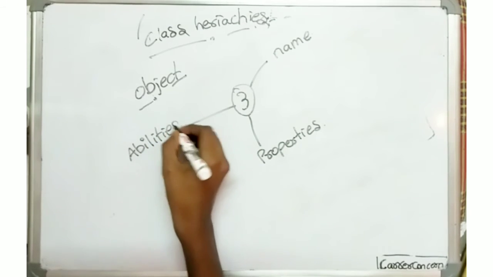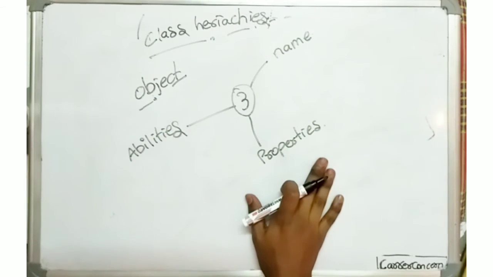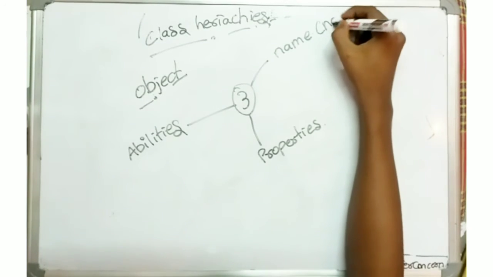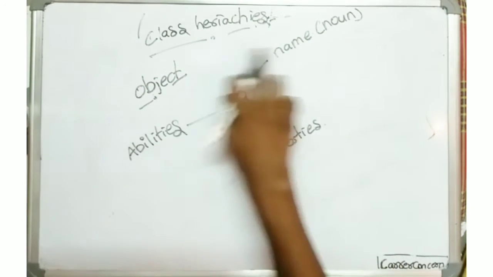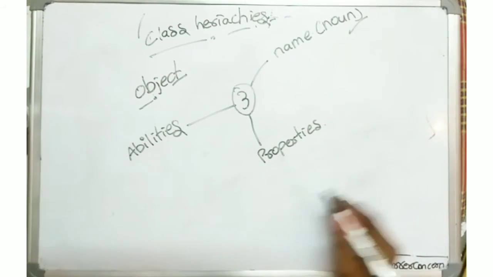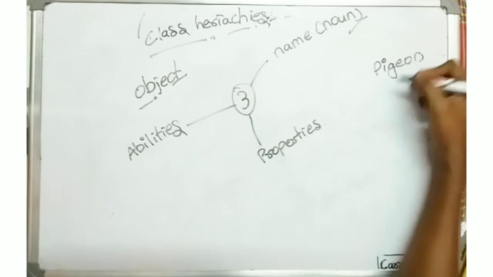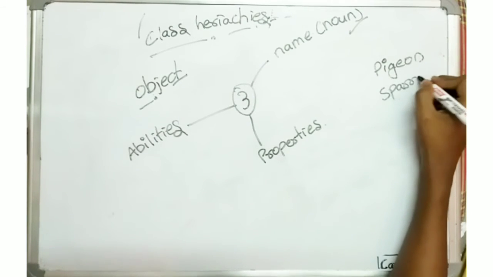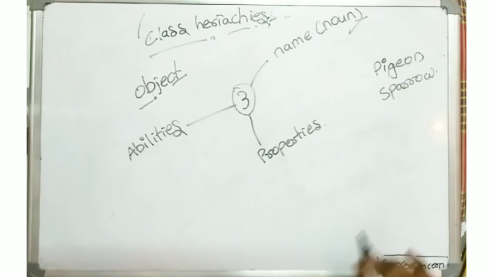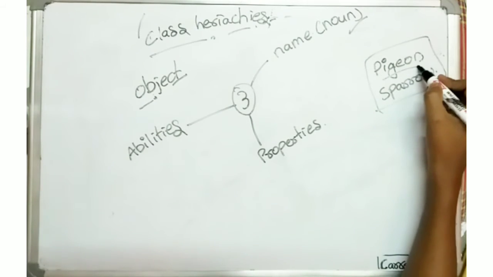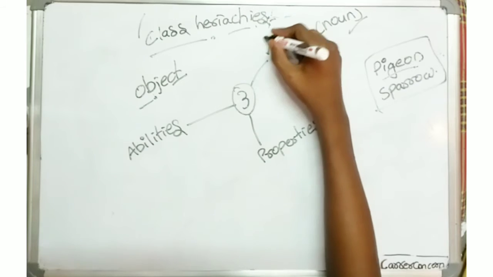Name means it should be a noun. An object should contain a name. In the previous example, pigeon and sparrow are objects. We verify with our three attributes. Pigeon is a name, so it consists of a name.